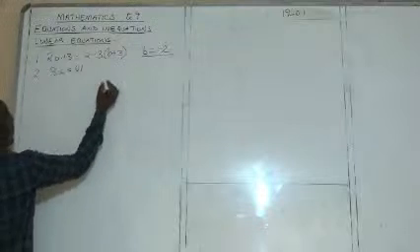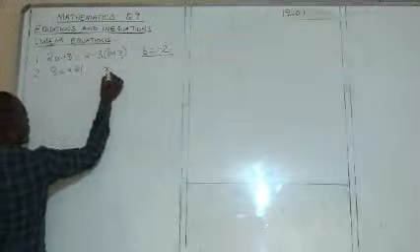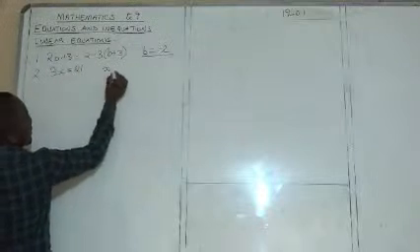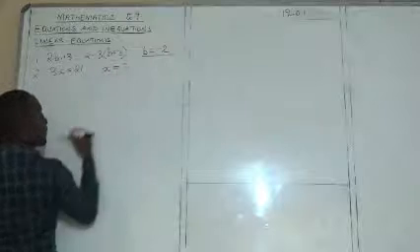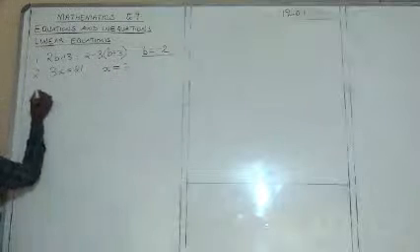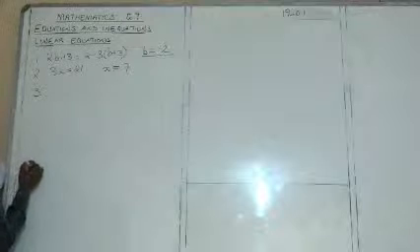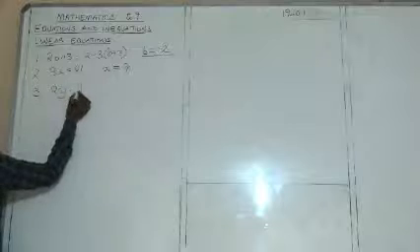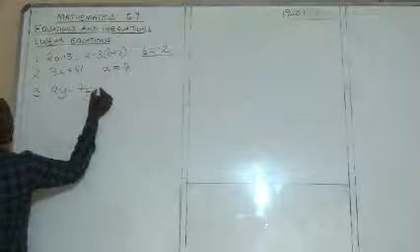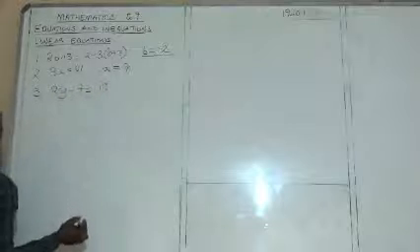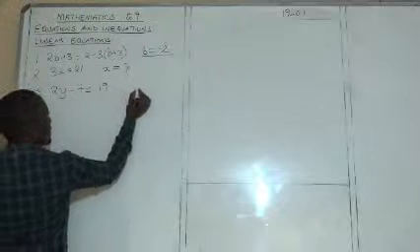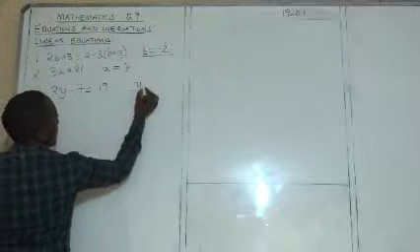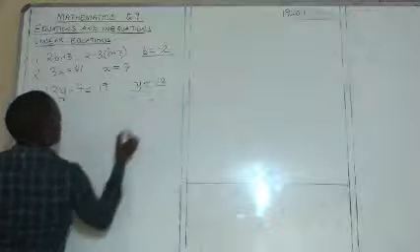So here the variable is x, and in this equation x is equal to 7. Then the third question is 2y minus 7 is equal to 19. The variable here is y, so y is equal to 13.